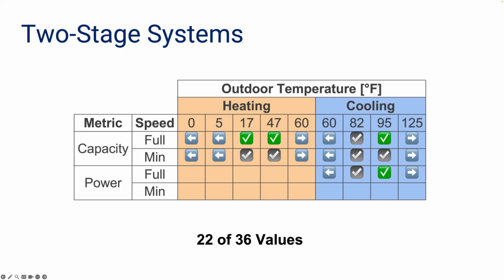And so we can fill in, again, all of the heating capacity information using the Cutler assumptions. And most of the cooling, again, we don't have the final piece of the cooling power, and we don't have the heating power.